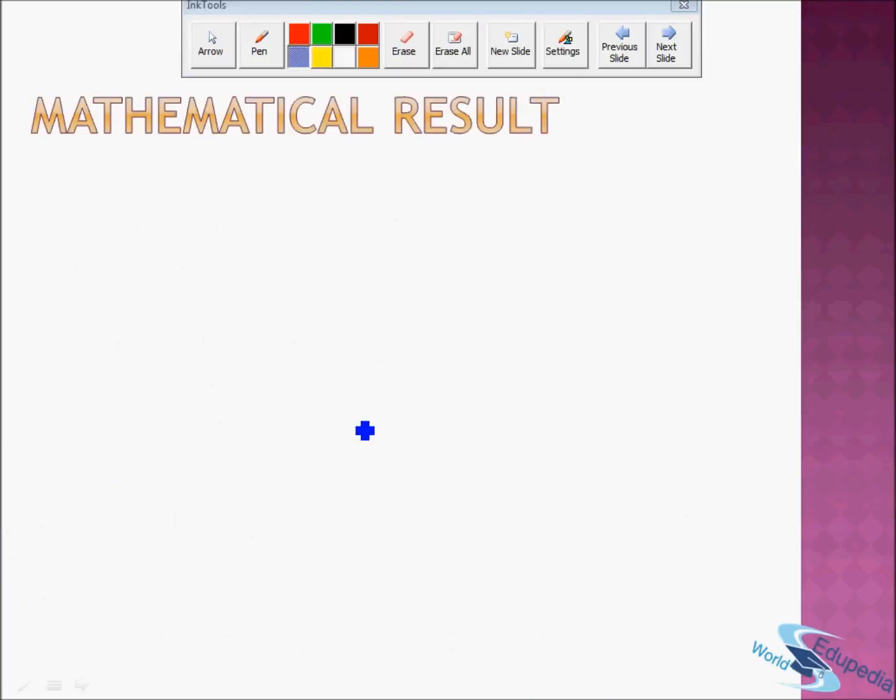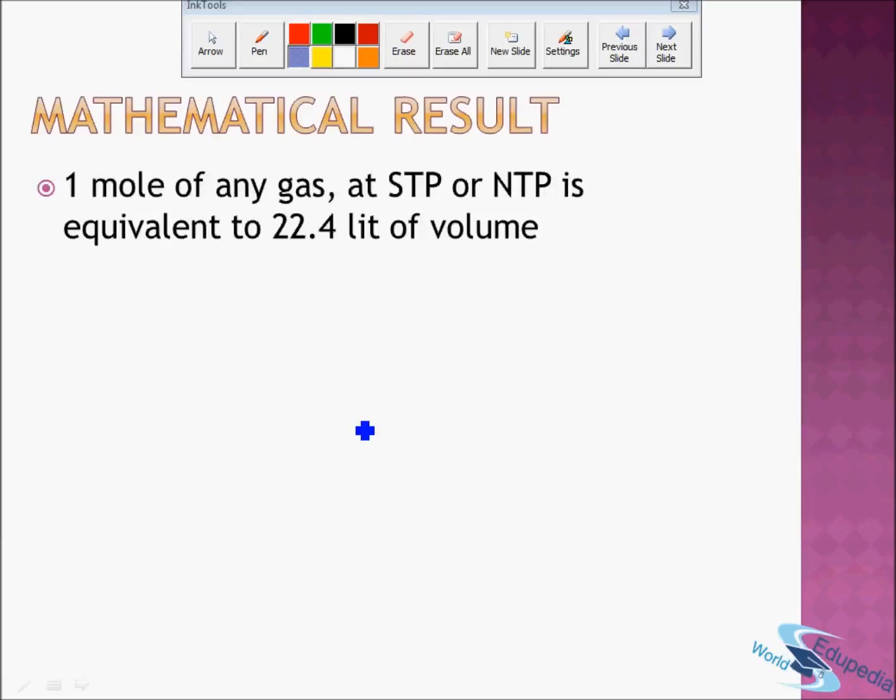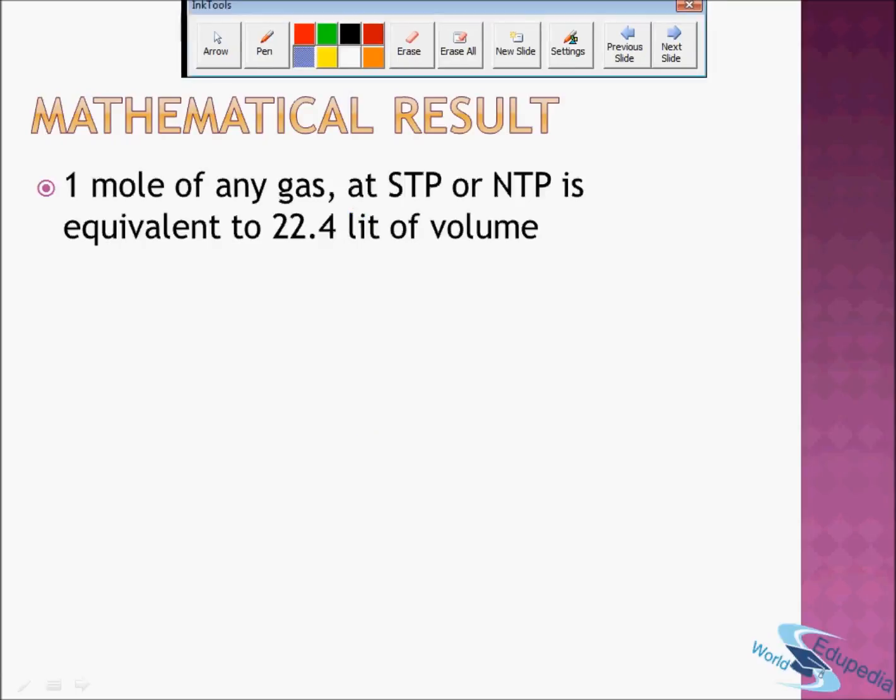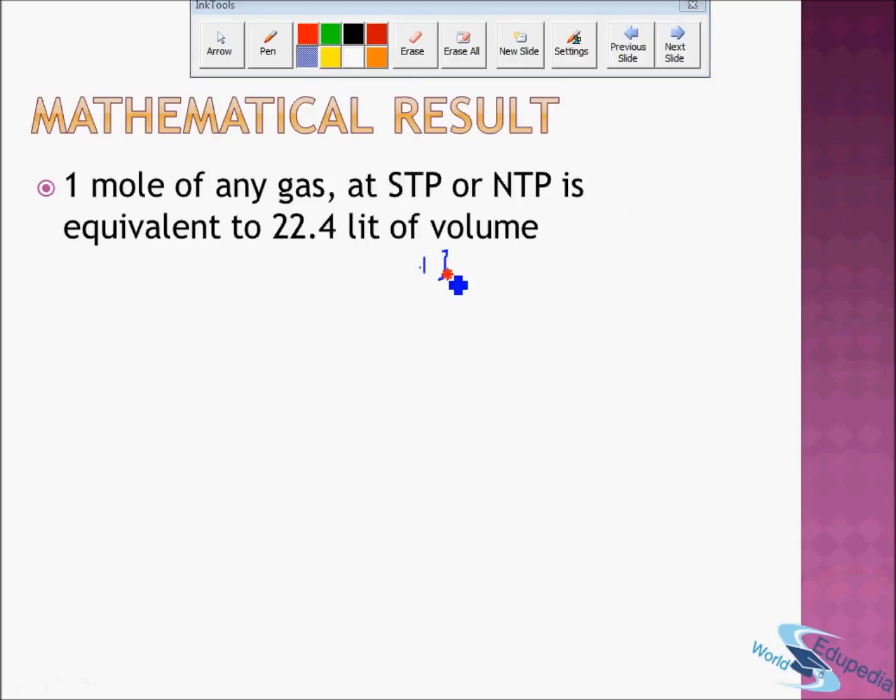Let's do some mathematical analysis of this point. Now I know that 1 mole of any gas at STP or NTP is equivalent to 22.4 liter of volume. 1 liter is 1000 ml, so this implies 22.4 liter is 22400 ml.